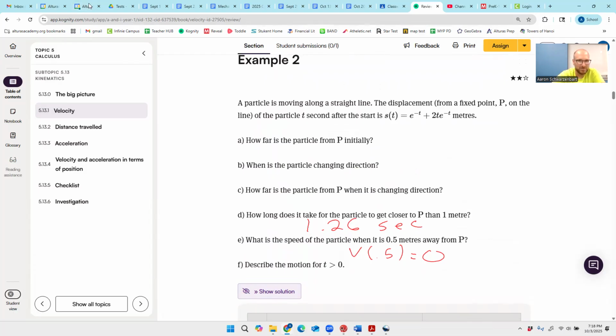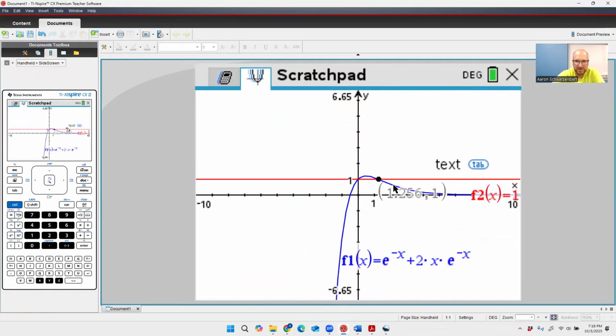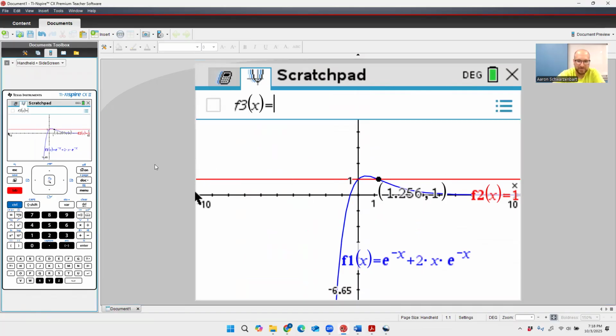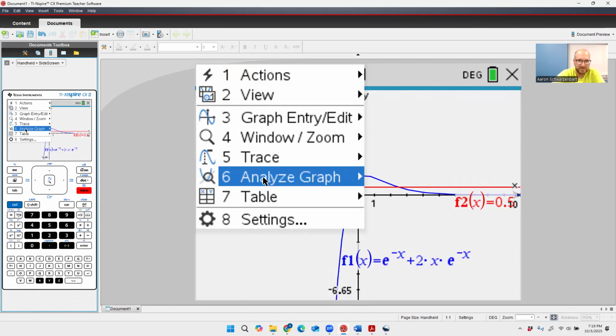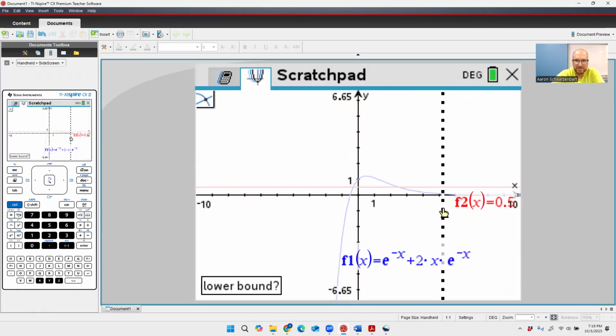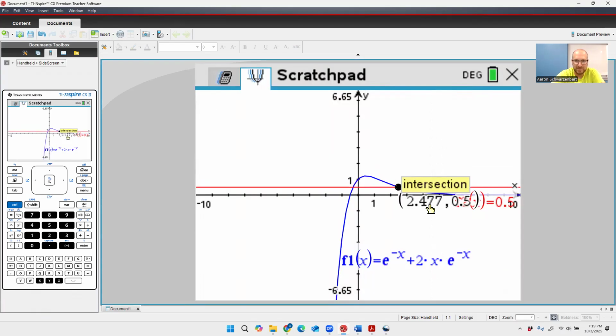So what would I have to do? I'd have to go back to my calculator. I'm going to change F2, and I will have to get a new intersection point. 2.477.